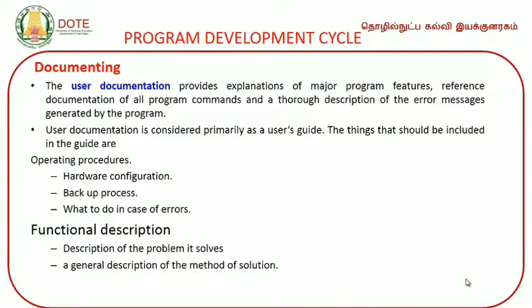The things that should be included in the guide are operating procedures, hardware configuration, backup process, what to do in case of errors. Functional description represents the description of the problem it solves, a general description of the method of solution. These are the two types of documents.